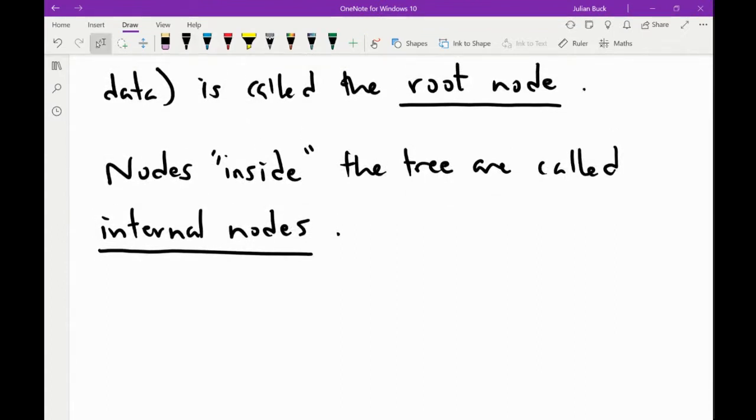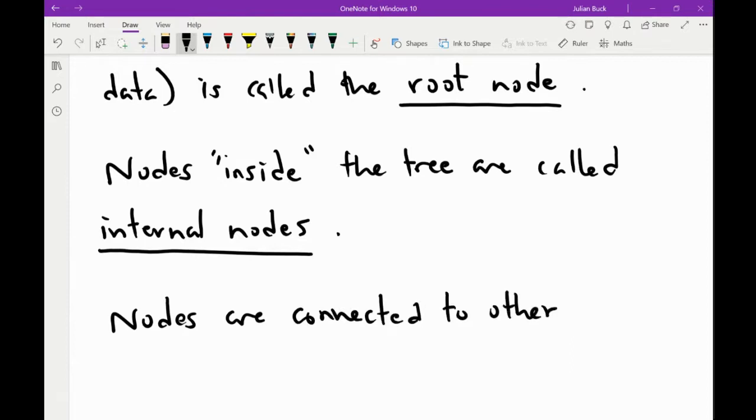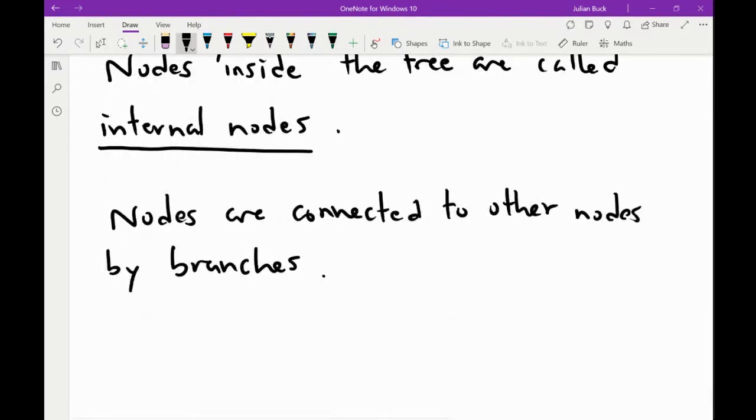Maybe knots or something like that, where the tree branches off. Nodes are connected to other nodes by branches. Here, the name makes sense. The branches are simply the lines indicating the splits that are happening. Another tree-based name.